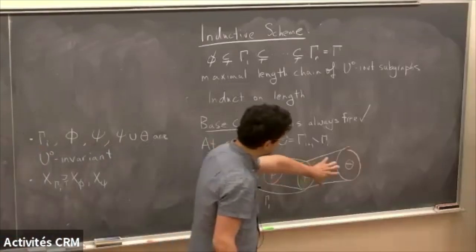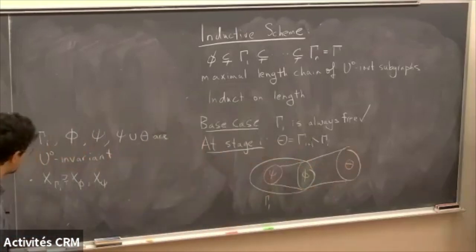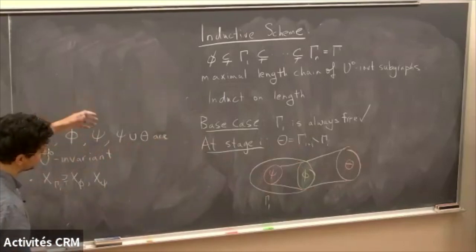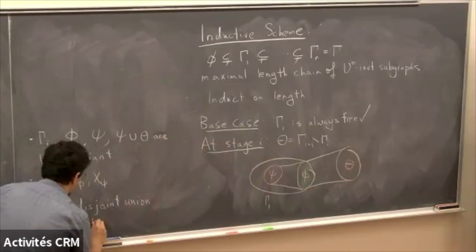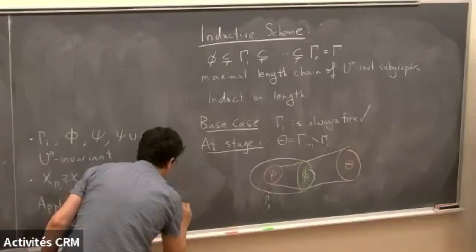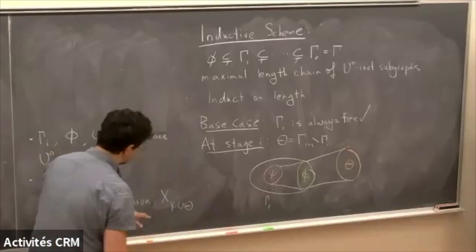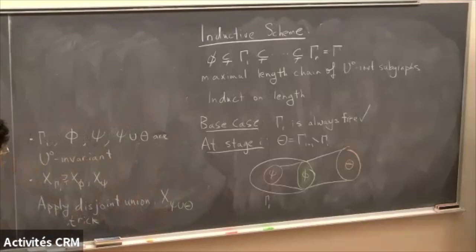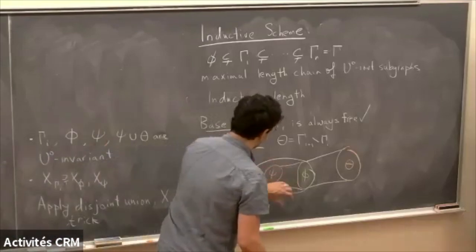Now, C union theta is a disjoint union. And I can apply the disjoint union case to come up with some complex X C union theta, and this X C will be a subcomplex of that. Okay. So now I want to build my new complex.